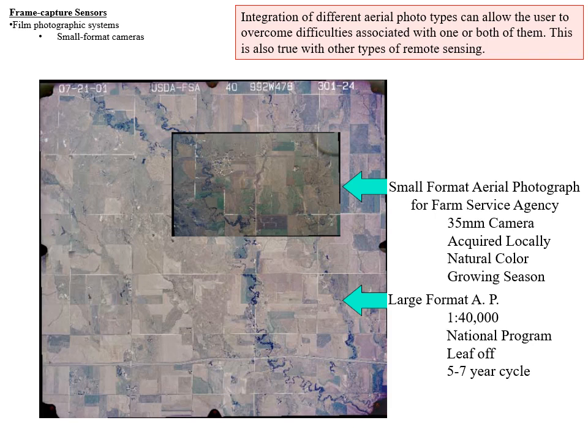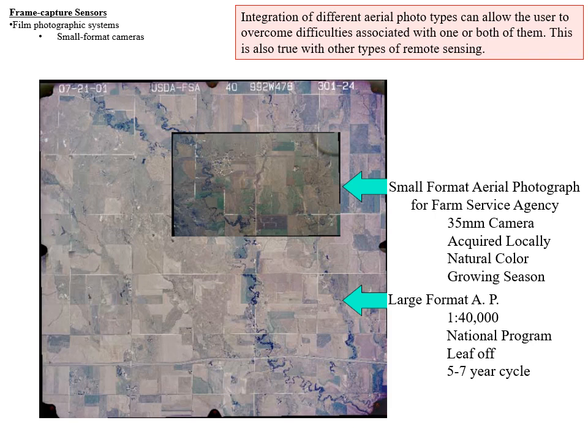And with cameras like this, this is actually film that was collected using a 35 millimeter camera in natural color during the growing season, and from an altitude that allows you to cover a fairly large area. And you can see it's a contrasting time of year.